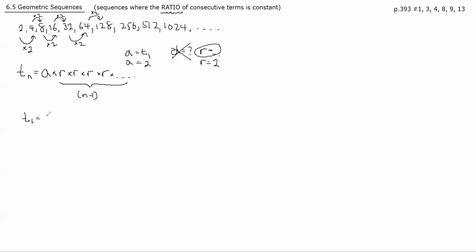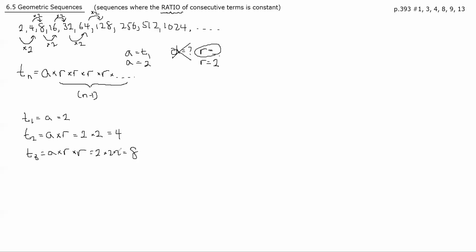The first term is just A, which in this case is 2. The second term is the starting value, and we multiply it by the ratio, which is 2 times 2. That's a 4. And term 3 is A, multiplied by the ratio, and then multiplied by the ratio again, which is 2 times 2 times 2.